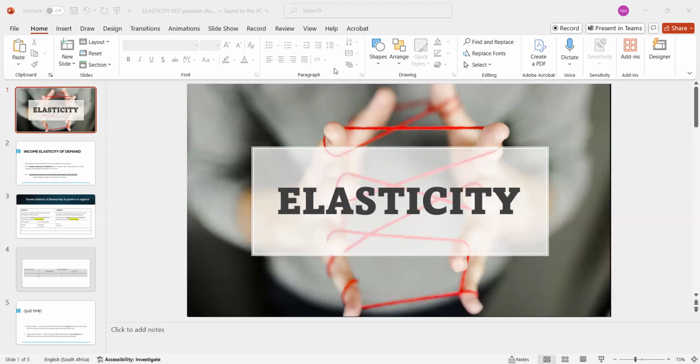We know, remember from the previous chapters, that the quantity demanded of a product depends on the income of the consumers. So what do I mean by that?